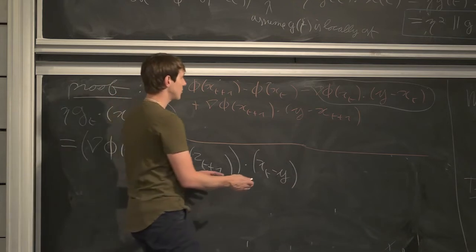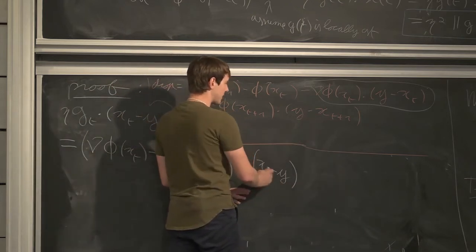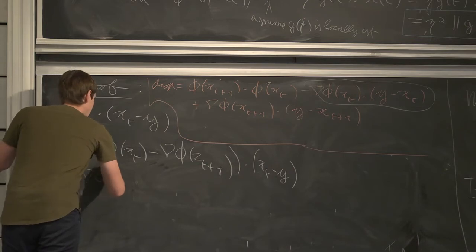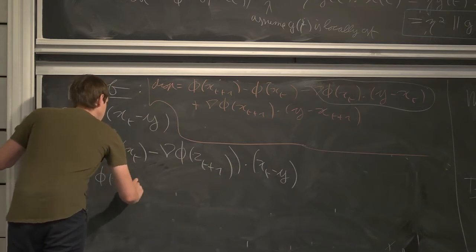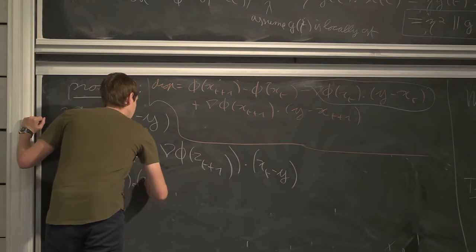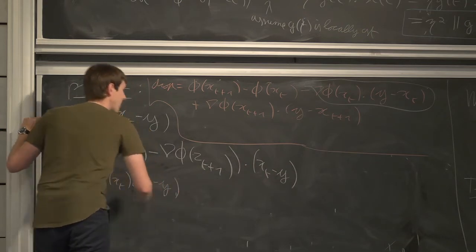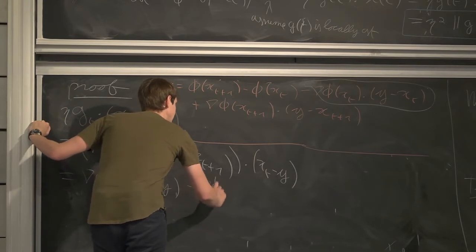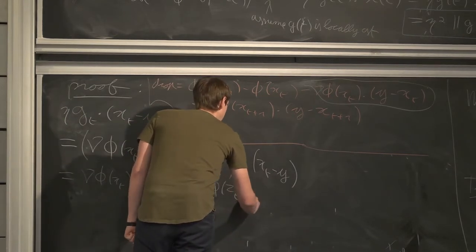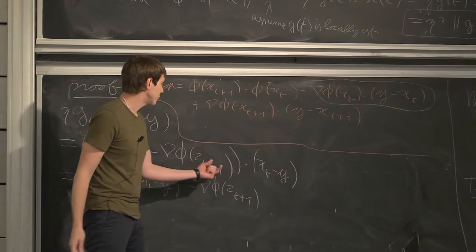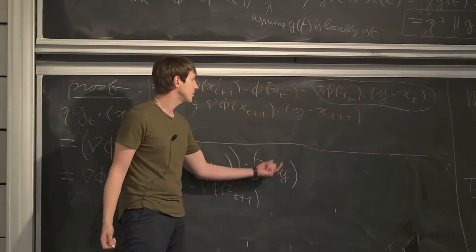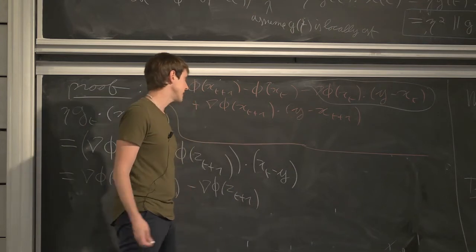So the first term I'm going to try to make appear is to have an x_{t+1} here. Again, what am I saying? There is grad phi of x_t inner product with x_t minus y. This term I keep, I'm happy with it. Now I have minus grad phi of z_{t+1}. This term I'm not happy with for two reasons, because it's z_{t+1} and not x_{t+1}, but also because it's x_t minus y instead of being y minus x_{t+1}.